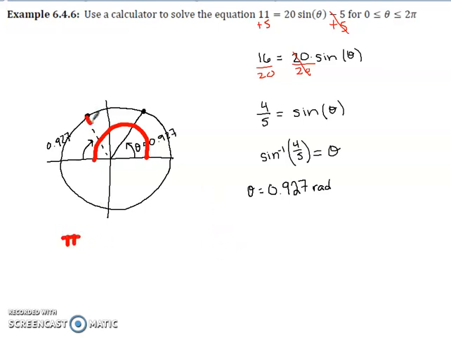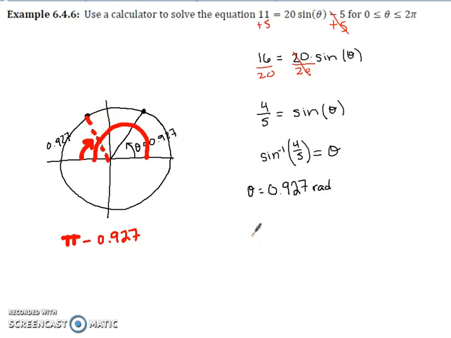Now if I want to end at the angle that gives me my sine of 4/5, then I need to back up by 0.927. So I'm going to go ahead and subtract 0.927 from my pi to determine the approximate angle that gives me my inverse sine of 4/5.